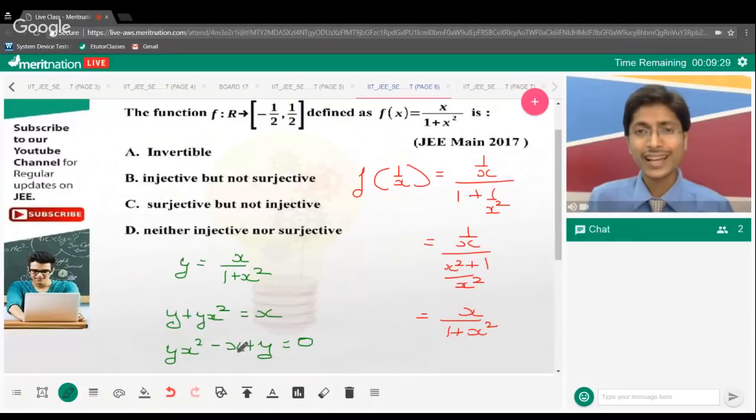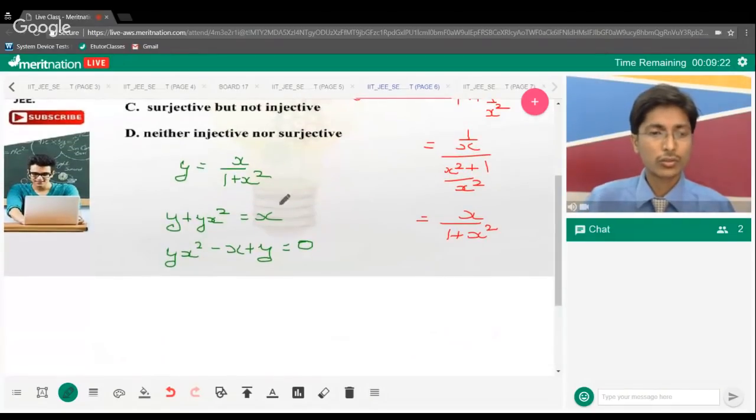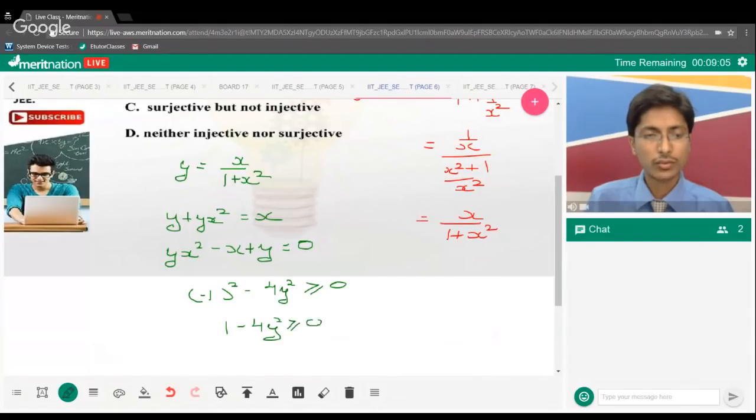Now x has real values, so the discriminant of this quadratic has to be greater than or equal to 0. So basically the discriminant will be minus 1 whole square minus 4 y square has to be greater than or equal to 0. So 1 minus 4y square has to be greater than or equal to 0.